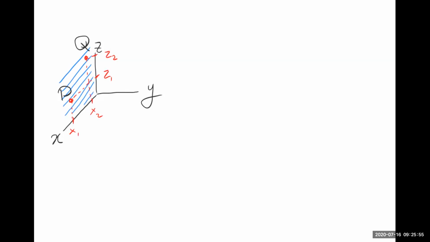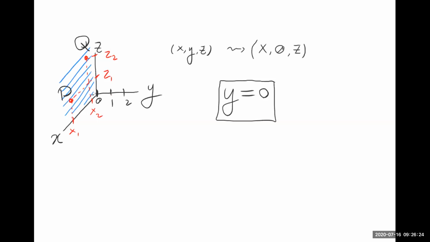What is the second variable of these points? What is the second component, the y component? Well, for both of them, y is 0. See, y here is 0, here is 1, here's 2. For these points, y is always 0. So these points are of the form x, 0, z. So y is always 0 there. So y equals 0 is the same as xz plane.